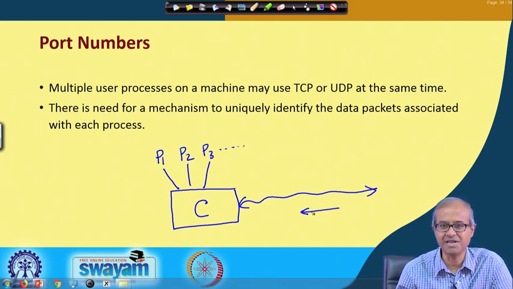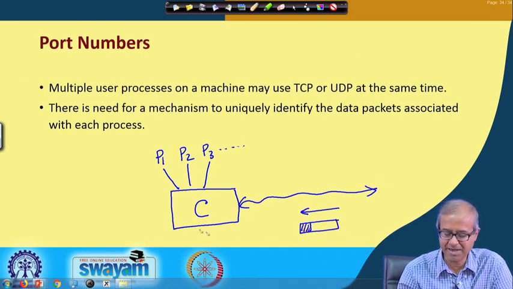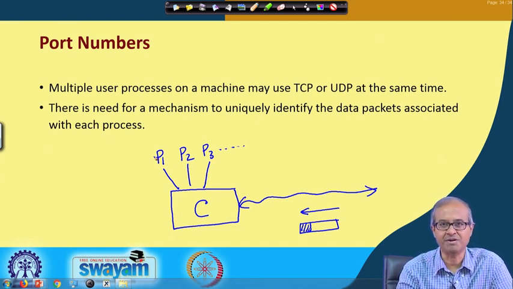There has to be something in this packet, in the header, which must clearly identify that this packet has to be delivered to P1, and that is this port number.